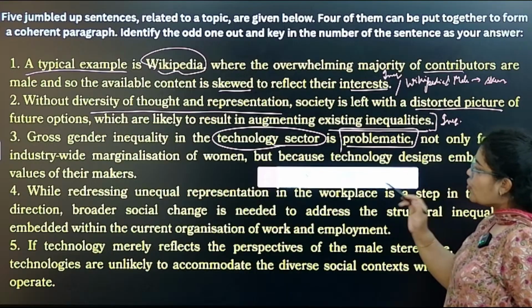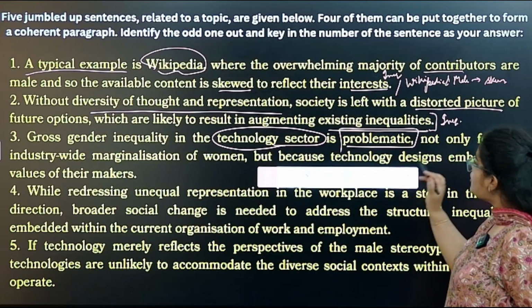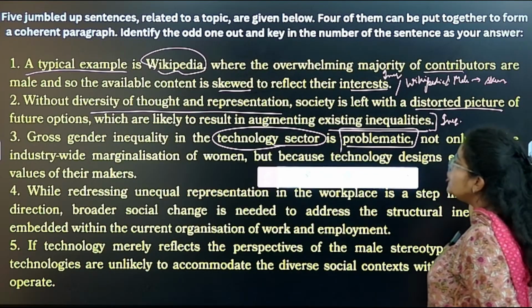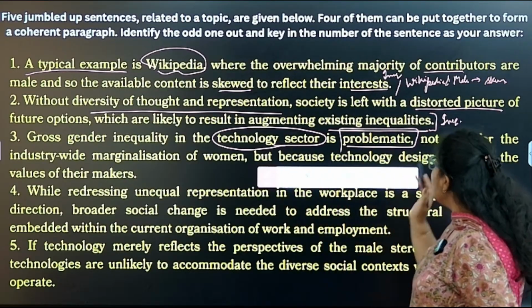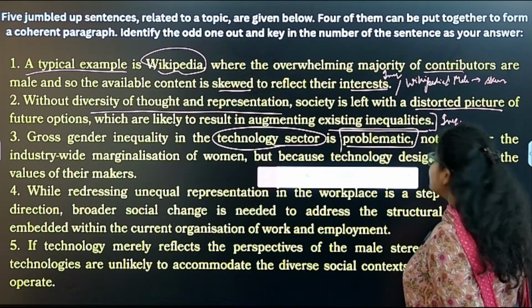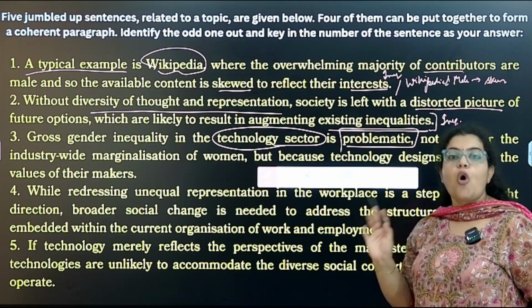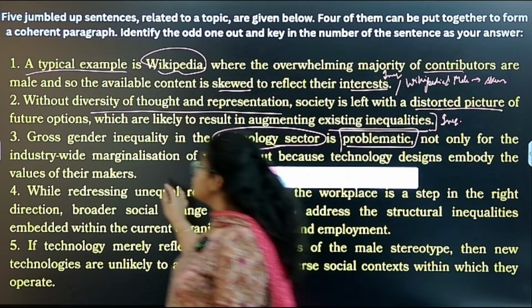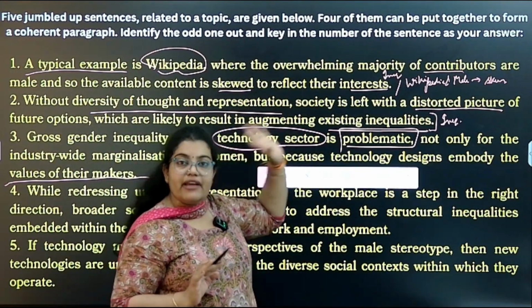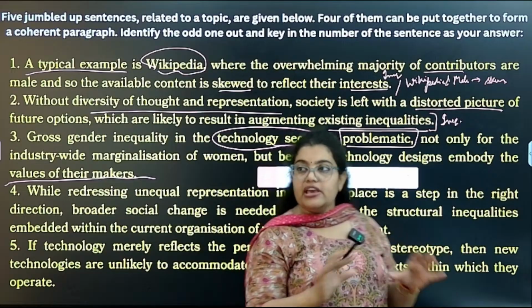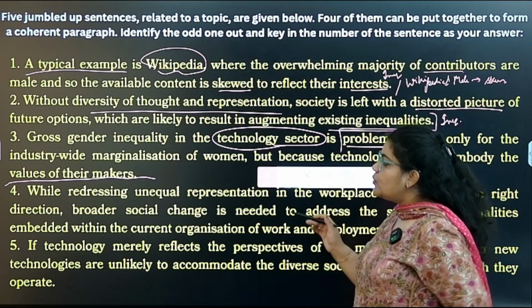So the gross gender inequality in the technology sector is problematic not only for the industry-wide marginalizations of women, but because technology designs embody the values of their makers, and it is skewed to reflect their interests. Again, we can see a lot of echo words and the signal words.